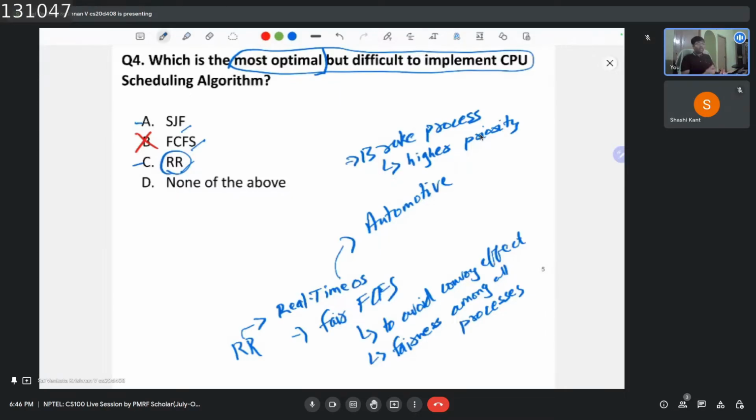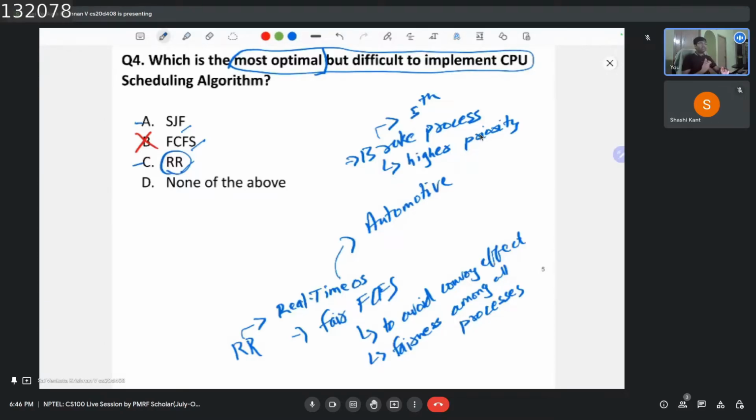But in a round robin fashion, if this brake process comes fifth onto the ready queue, then after executing all the four processes for their specified time quantum, only then would the brake process get hold of the CPU for execution.